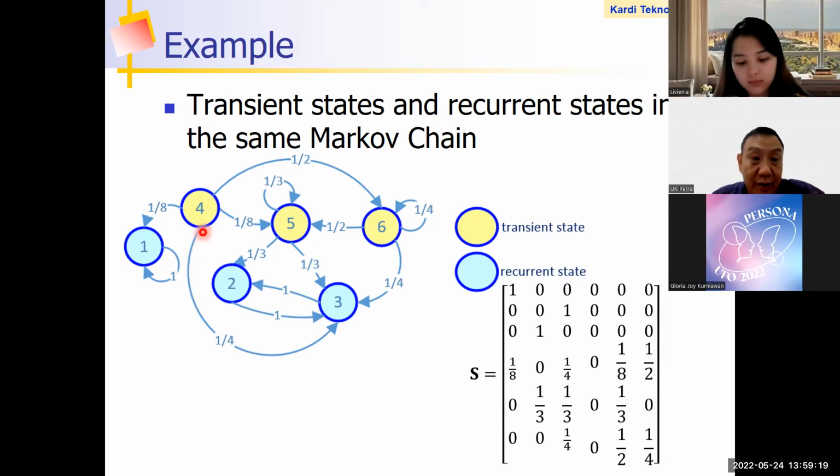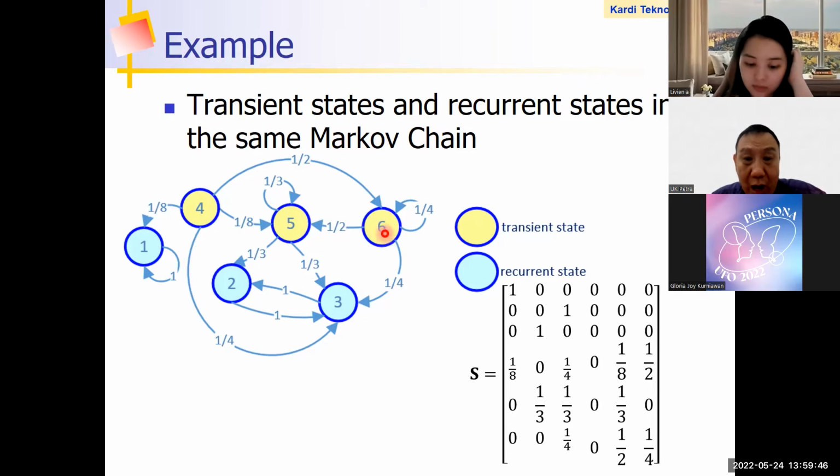Can you see this? Nodes 1, 2, and 3 are recurrent. When you go out, you can come back. There is a probability of 1 to come back. Here, 2 and 3 also can go out and come back, recurrent. Transient are 4, 5, and 6.